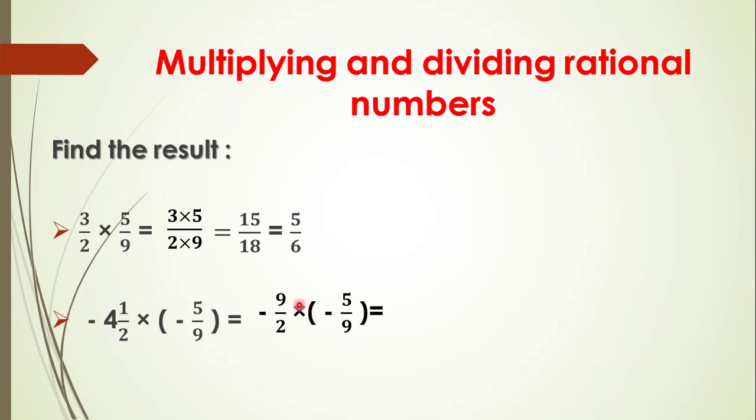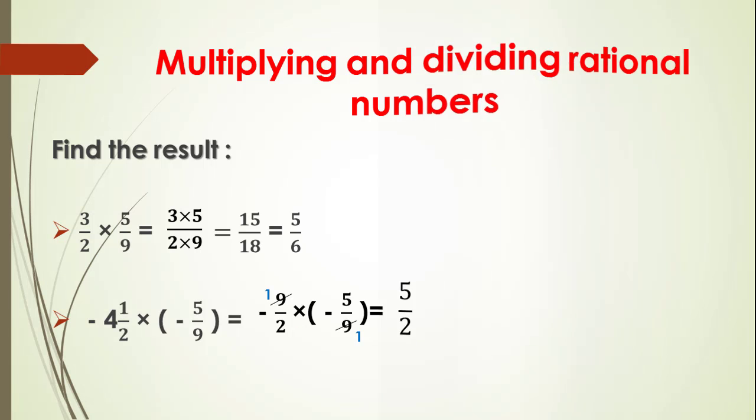So I can see here I have 9 and 9, so I can simplify before multiplying by dividing up and down by 9. Now I have 5 times 1 equals 5 and 2 times 1 is 2. Now what about the sign? Negative sign times negative sign, the same sign, so positive. The result will be positive. So here the result is 5 over 2.